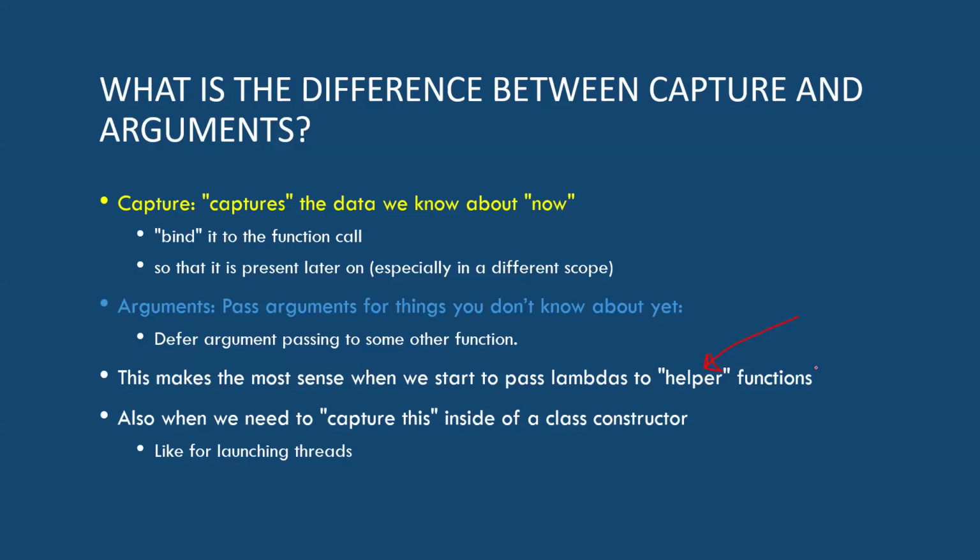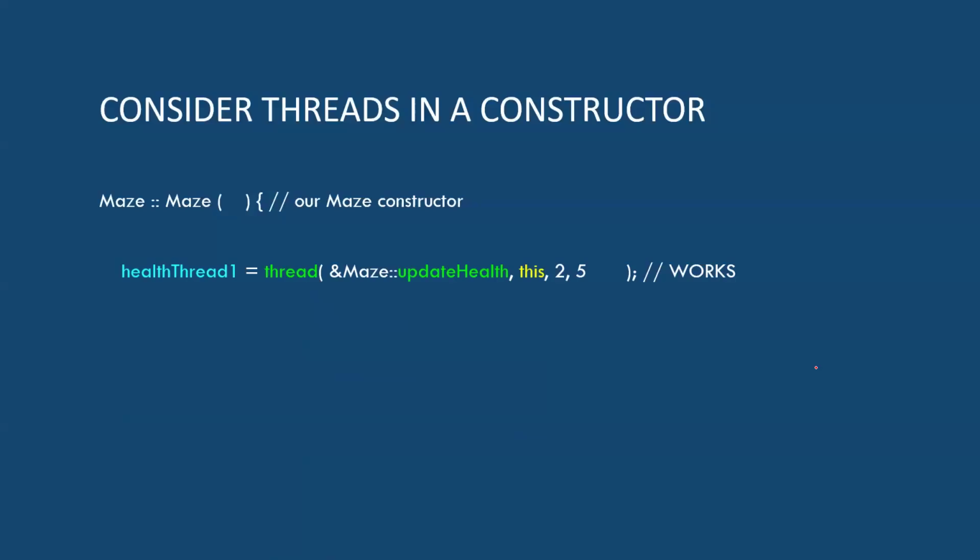For each is an algorithm function from the algorithm library that works really well with these lambdas. But also threads, right? So here's another way you could launch a thread. This was one way we said we'd launch a thread in a constructor. It was really messy. But if you look these things up and see something like this, you might think, what is that? Well, that's a lambda sitting in the middle of the constructor argument for this thread.